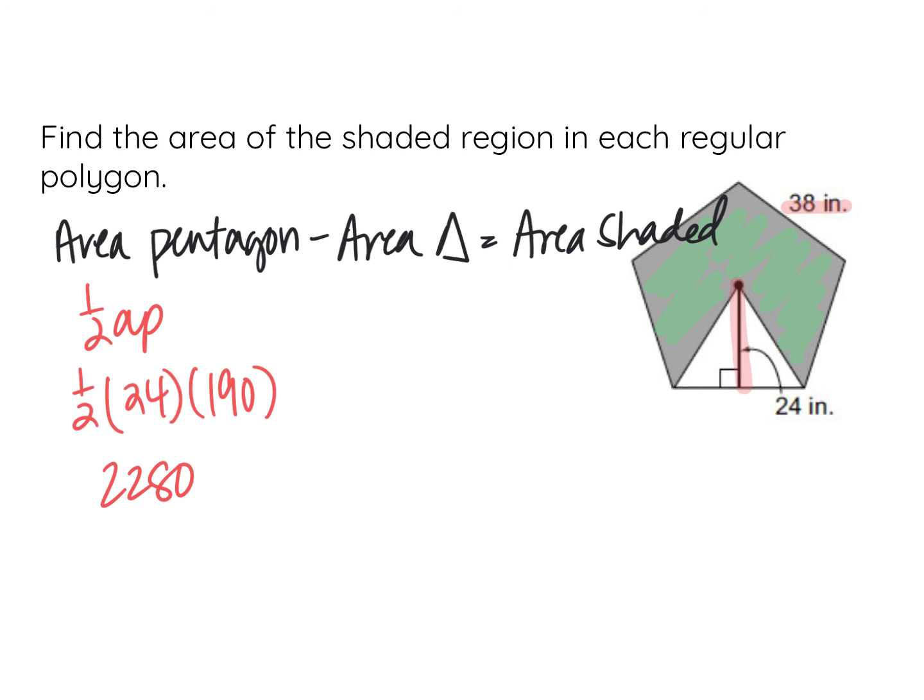Okay, so now we're going to work on the area of this triangle. That is just base times height times 1/2. That's my triangle formula. The base here, if we look, is just a side length, which we said, because it's a regular pentagon, all of these are going to be 38.